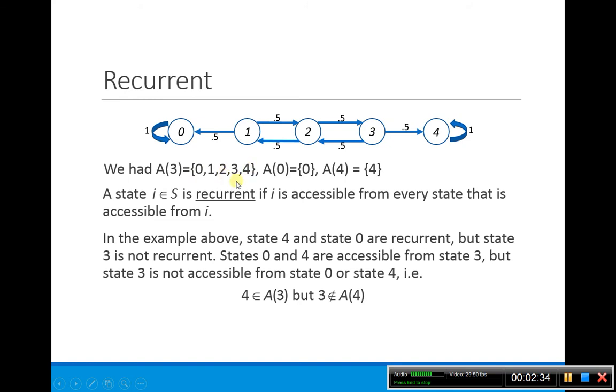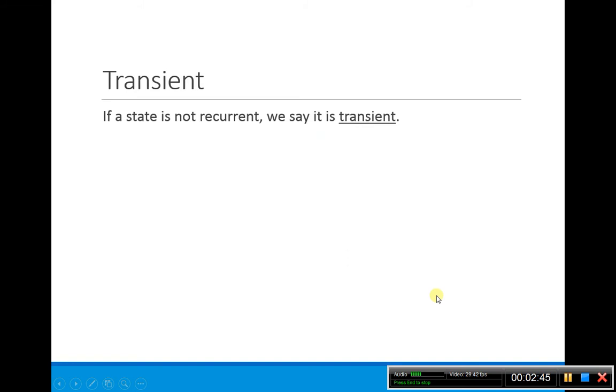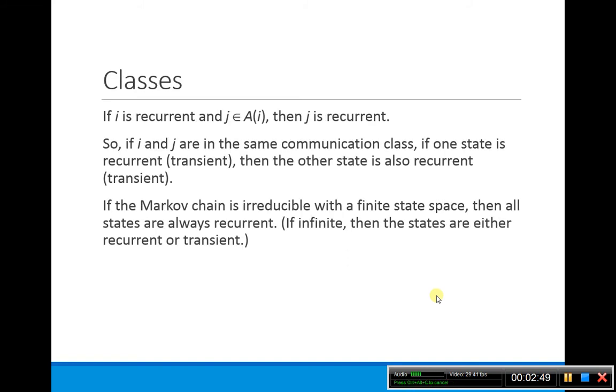However, I can get to 4 from 3, but I can't get to 3 from 4. So 3 is not recurrent, it's transient. If a state is not recurrent, we say it's transient. If I is recurrent and J is in A of I, then J is also recurrent. So if states are in the same communication class, if one state is recurrent, then the other is also recurrent, and vice versa with transient.